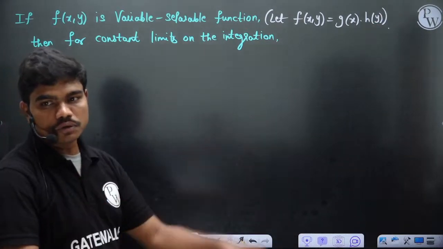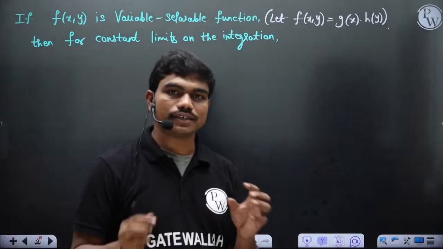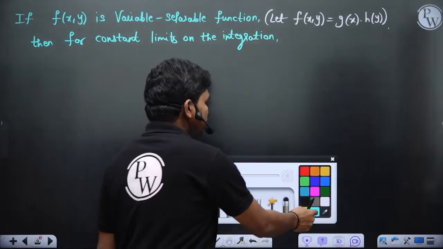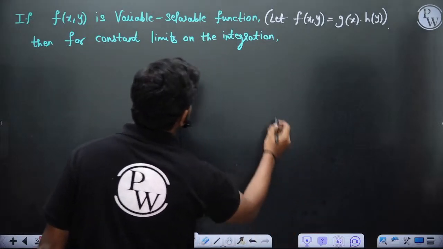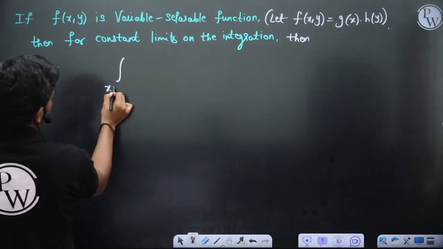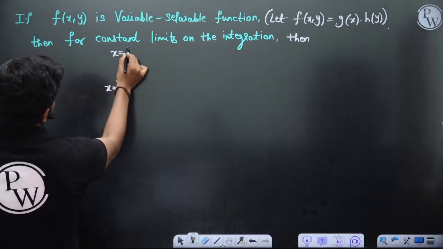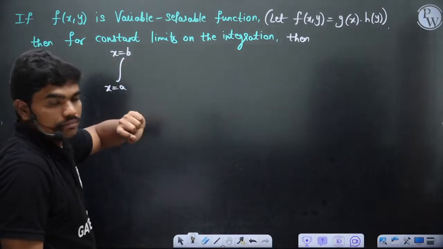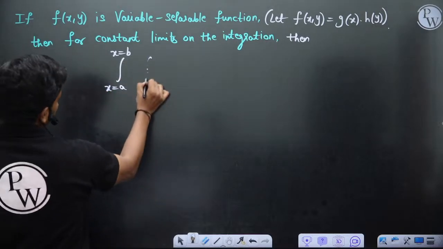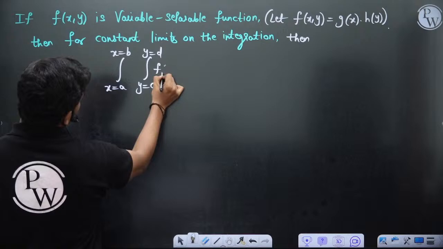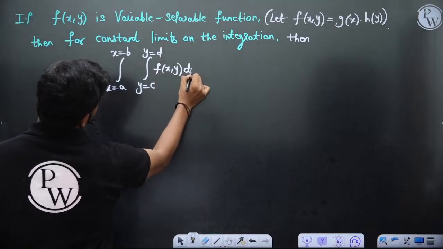You can split it into a product of two functions of two different variables. So for constant limits on the integration, the integral from x is equal to a to x is equal to b, and please remember these should be constants. If they are variables you cannot split it, but as long as they are constants you can do that. y is equal to c to y is equal to d, f of x comma y dy dx.